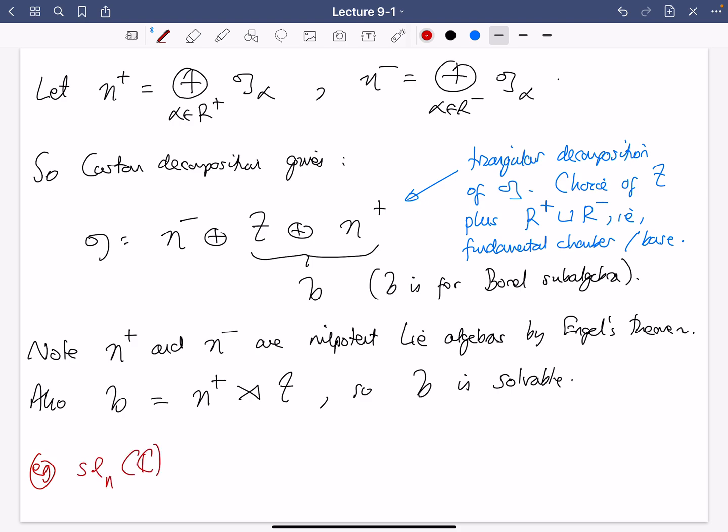For that, we already worked out that the roots were these plus or minus epsilon i minus epsilon j for i less than j less than or equal to n.